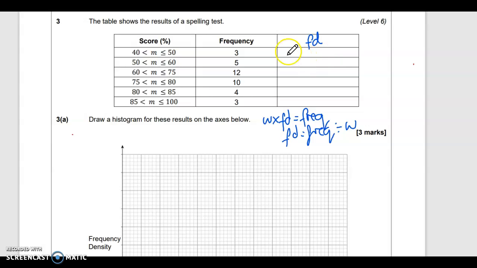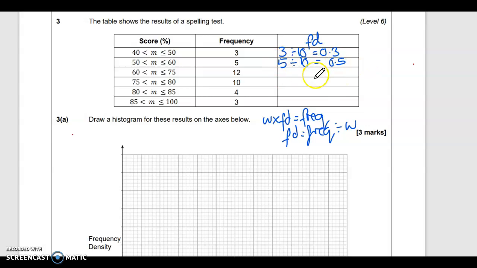For our first one, we take 3 divided by our width, which is 10. So our first bar is 0.3 high, because that's the frequency density. The second one, we're doing 5 divided by 10 again, which gives us 0.5.